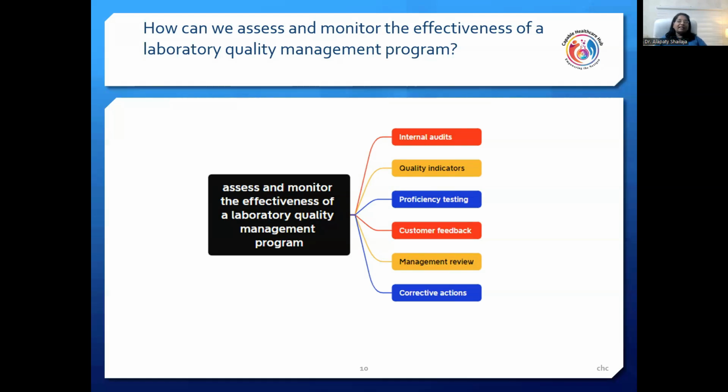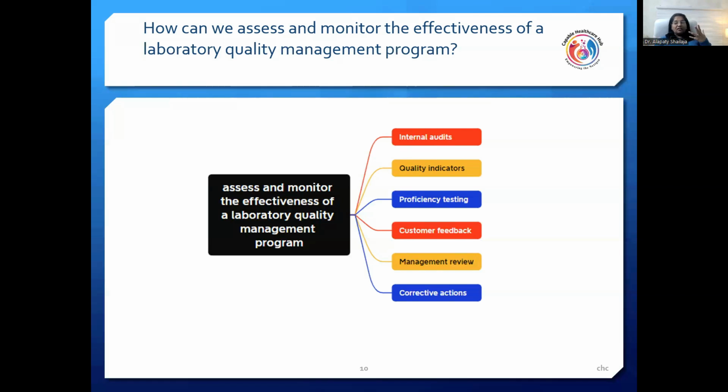Now, how do we assess and monitor the effectiveness? One of the ways is by doing internal audits. The second is by capturing the quality indicators. The third is proficiency testing. Then customer feedback is another way in which we can monitor the effectiveness. Management review is another way of ensuring.